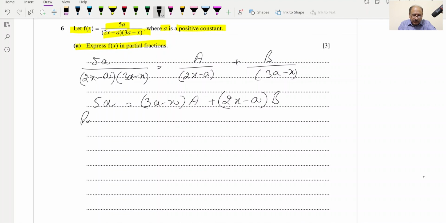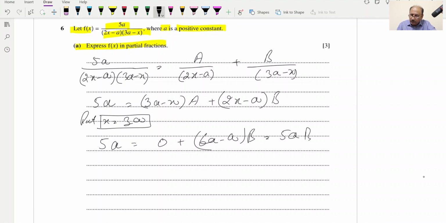So we can put x is equal to 3a, and it will be resulting to the coefficient of a as 0. So 5a will be equal to, this will be 0 and this will be plus, 2 into 3 will be 6, so 6a minus a into b, that will be resulting to 5a into b.